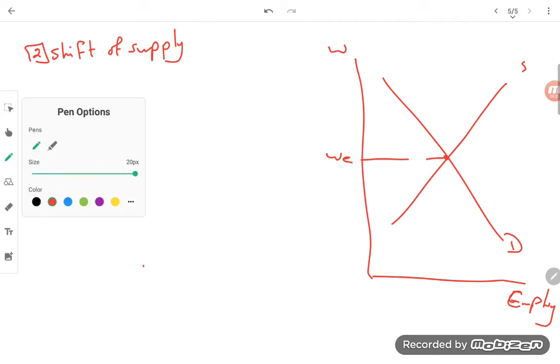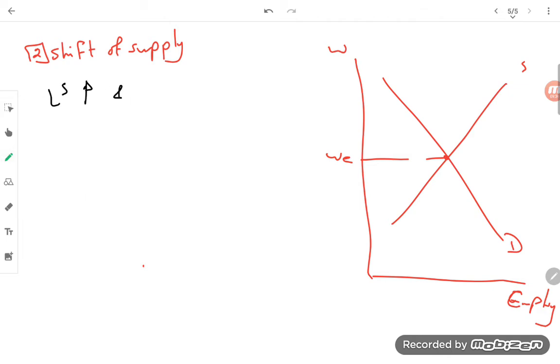Let's assume that the supply of labor increases and shifts to the right. So the supply curve will shift to the right. We have a new equilibrium point at a lower wage rate.